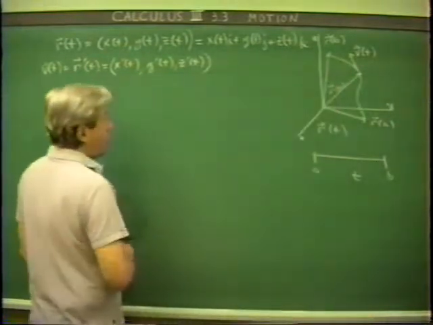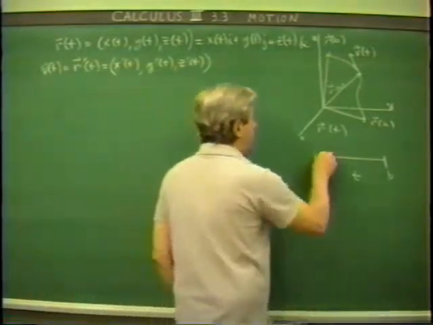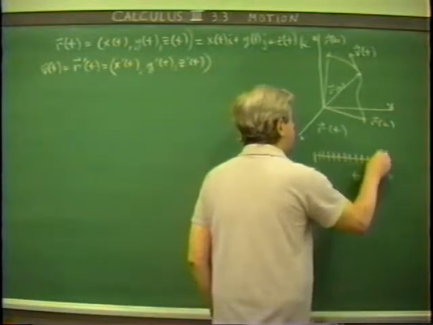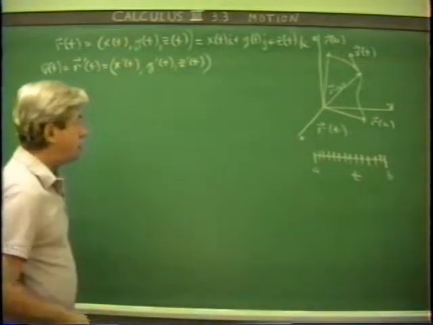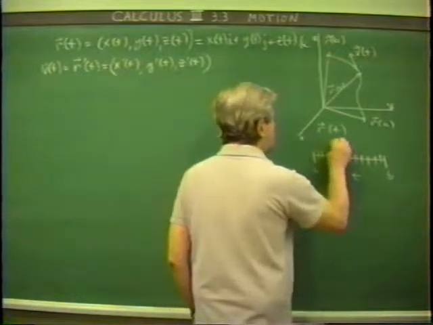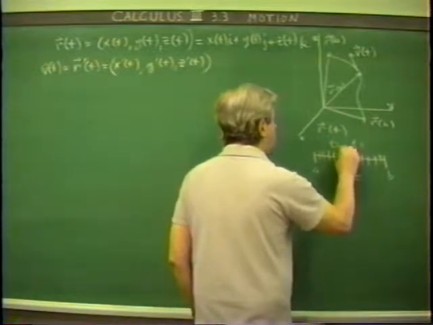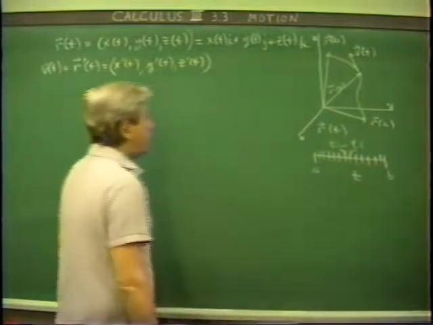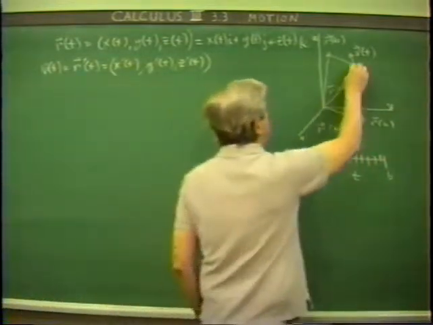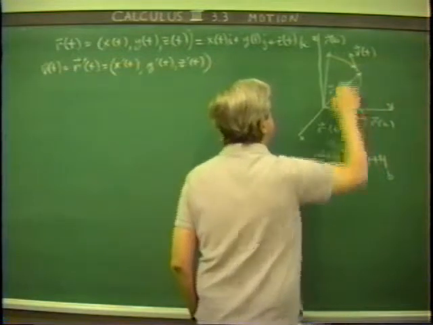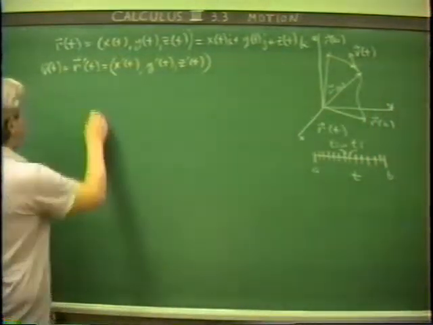And if we wish to calculate the length of this curve, what we wish to do is, as before, partition the interval from A to B, like so. And if this is t i minus 1 and t i, two points in the partition, these are going to correspond to two points up here. Right?